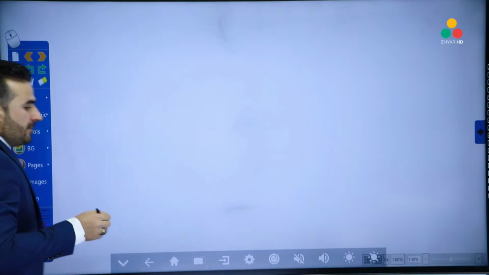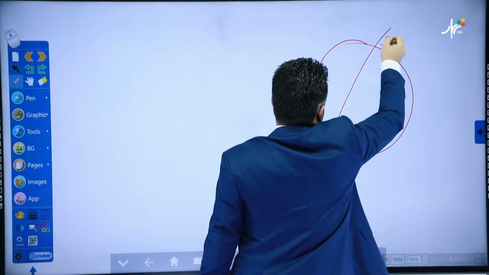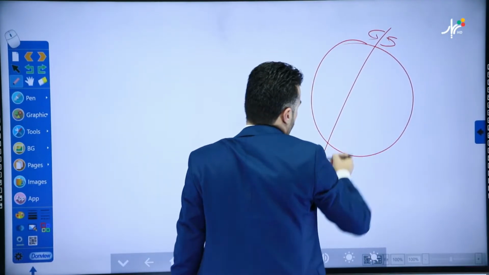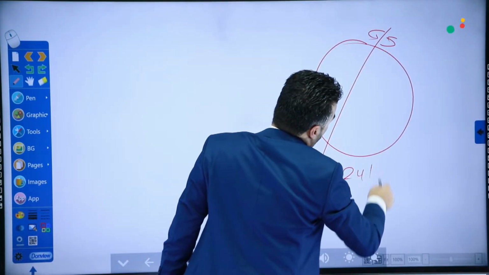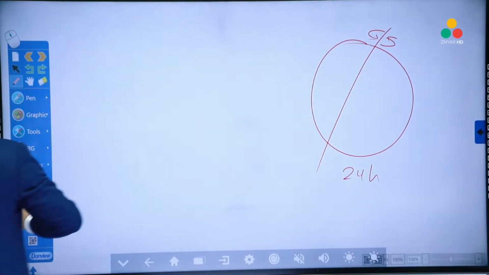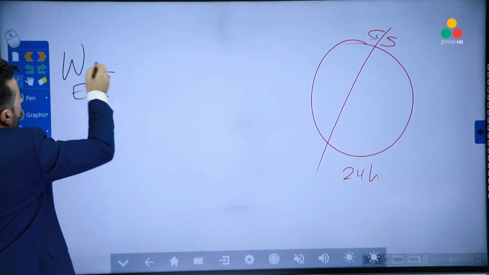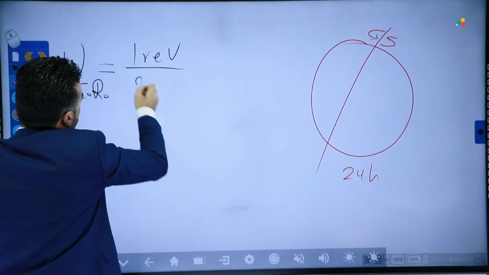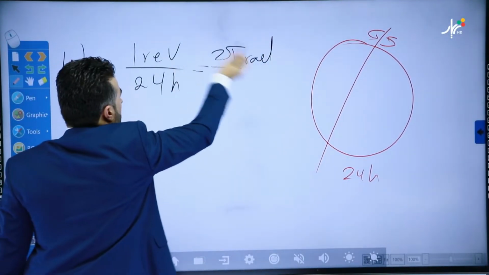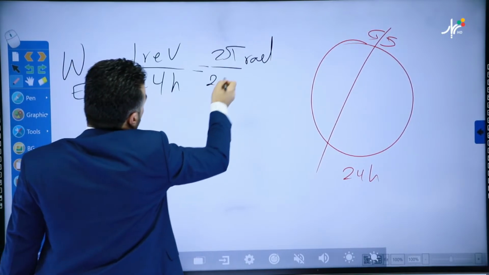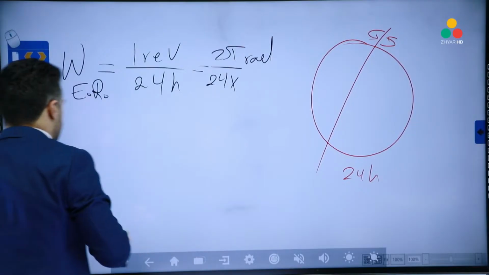What about Earth's rotation and revolution? You know that Earth completes one rotation, one spin on its axis, in 24 hours. So the angular speed for Earth's rotation equals one revolution in 24 hours, which is 2 pi radian, because each revolution is 2 pi, divided by 24 times 3,600 seconds, since each hour is 60 minutes and each minute is 60 seconds.